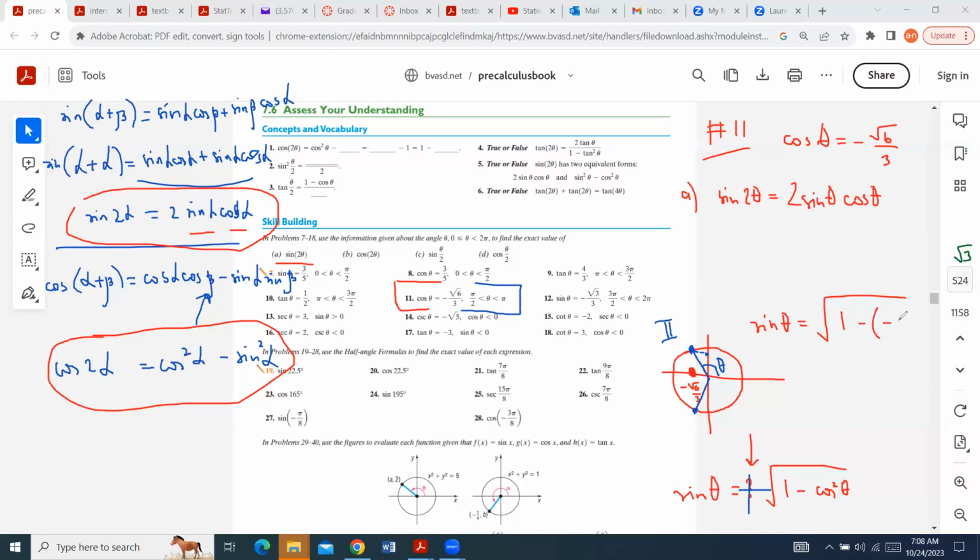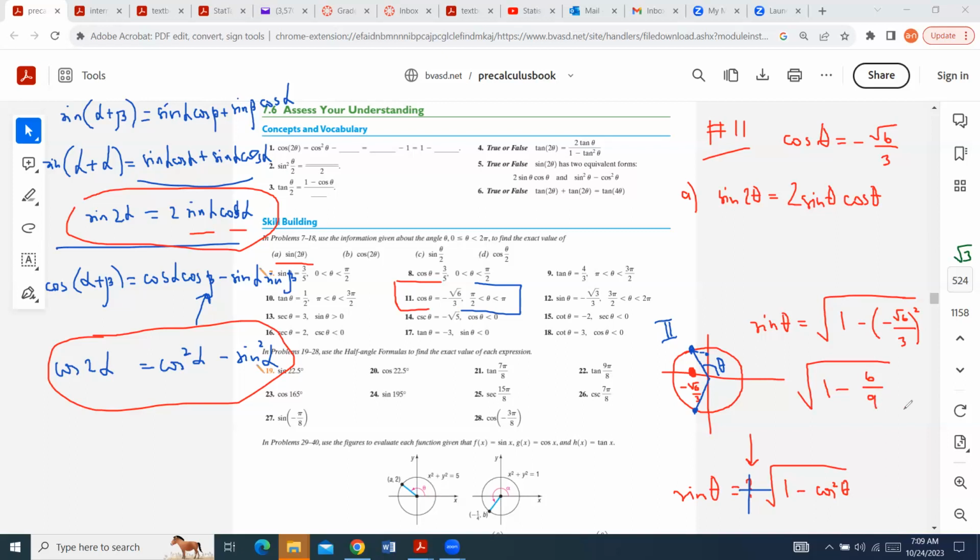So it's the square root of 1 minus negative root of 6 divided by 3, squared. Square root of 6 squared is going to give us just 6. 3 squared is 9.